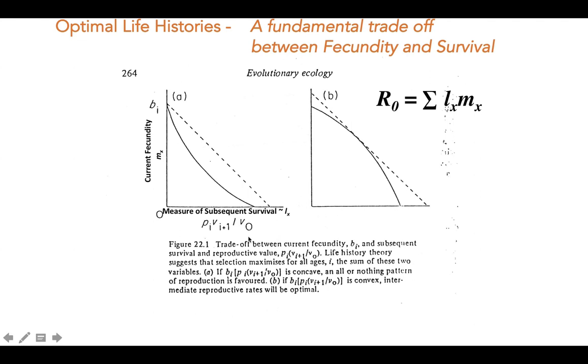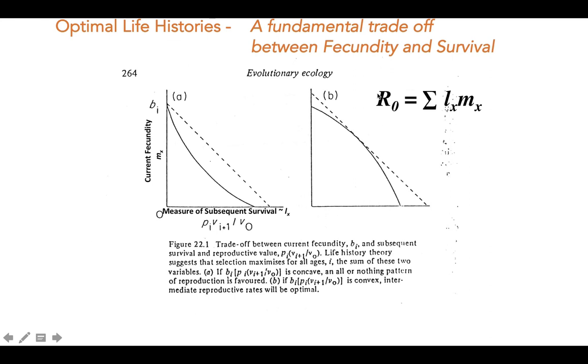And so here what I'm showing you is a theoretical plot predicting that if we plot out a measure of the survivorship of a given phenotype, or Lx, versus its current fecundity, or Mx, in general, there is a negative relationship between Lx and Mx.